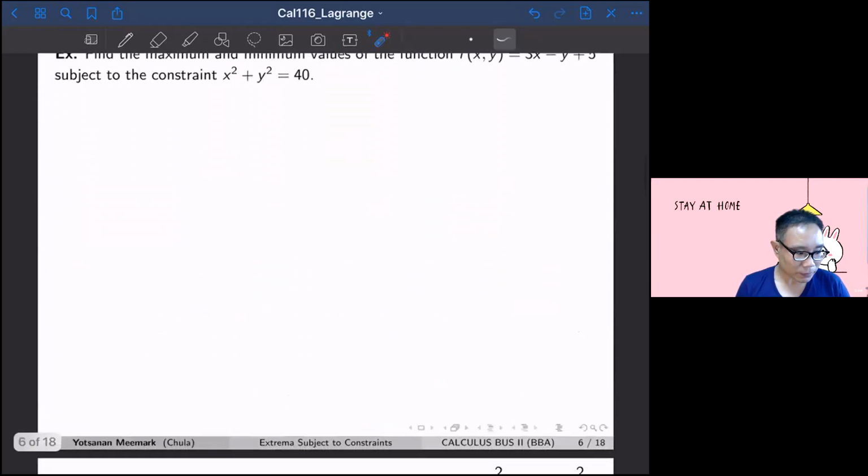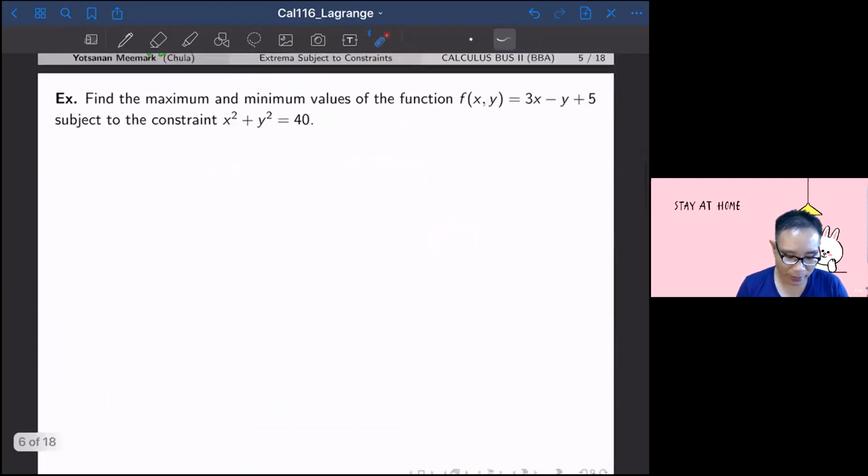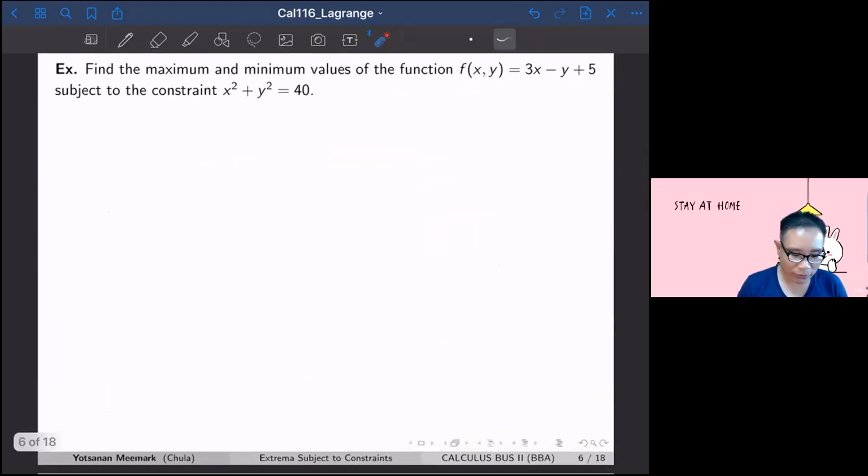Okay. So the next one, you like to find the maximum and the minimum value for f(x,y) equal to 3x minus y plus 5 subject to the constraint x squared plus y squared equal to 40.